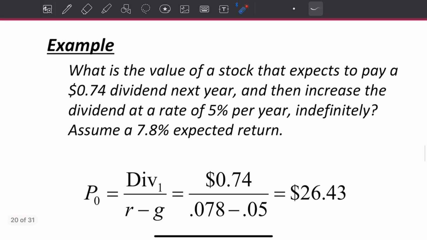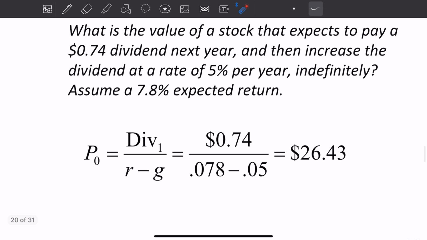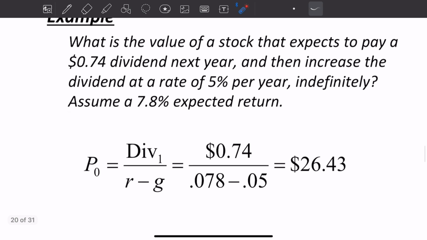Here's an example. What is the value of a stock that expects to pay a 74-cent dividend next year and then increases the dividend at a rate of 5% per year, so this is G, indefinitely? Assume a 7.8% expected return, so this is R. So now we have div 1, we have G, and we have R. So we can use the constant growth model to figure out the value of this stock.